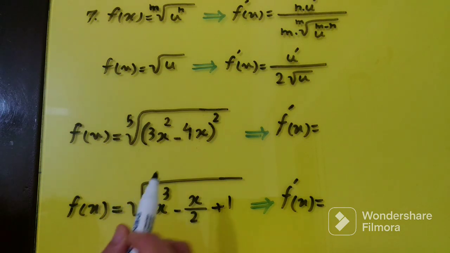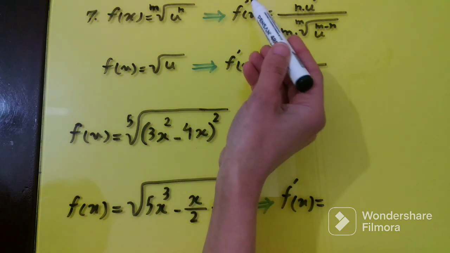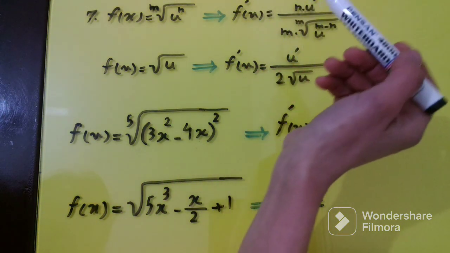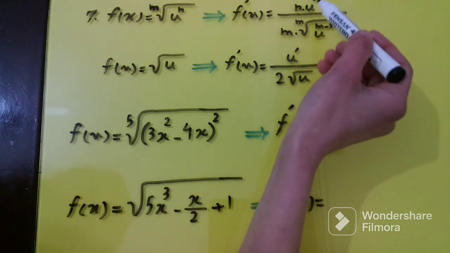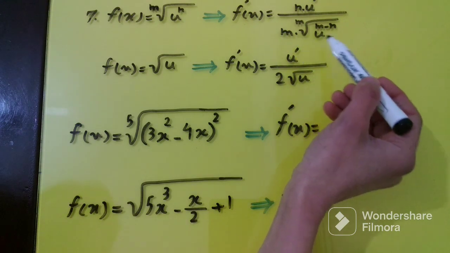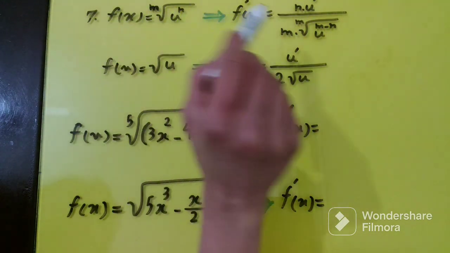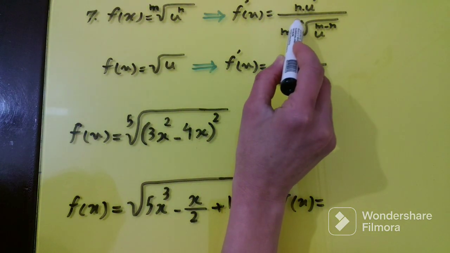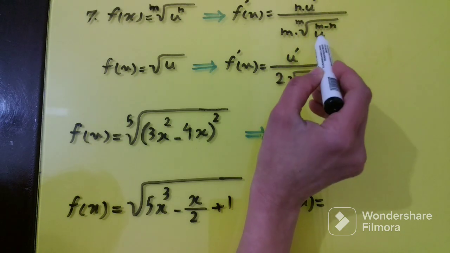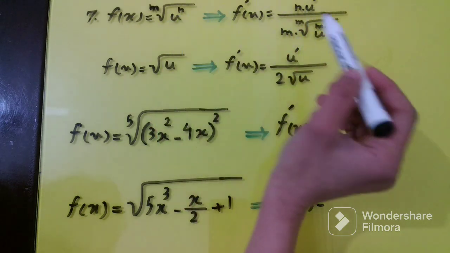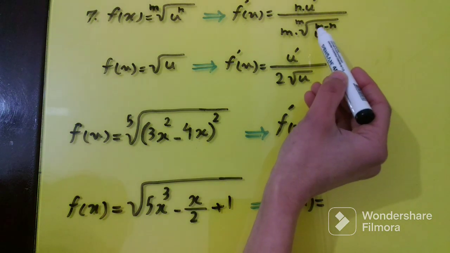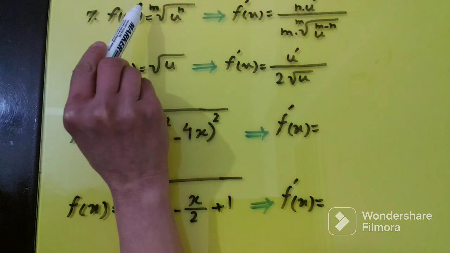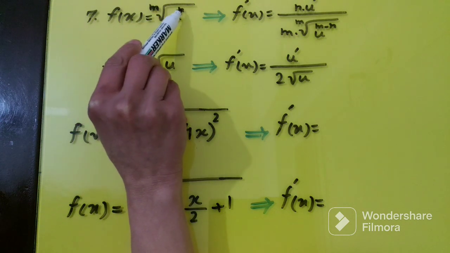It says the derivative is n times u prime for up, and for down m times m-th root of u. For the power, you should put the difference between the terms m and n.